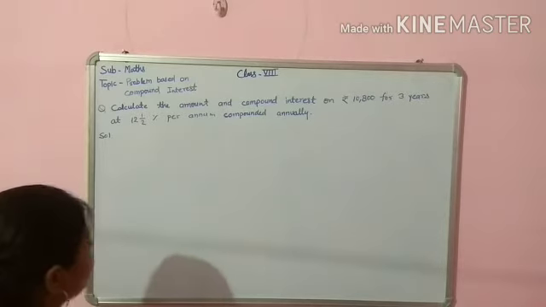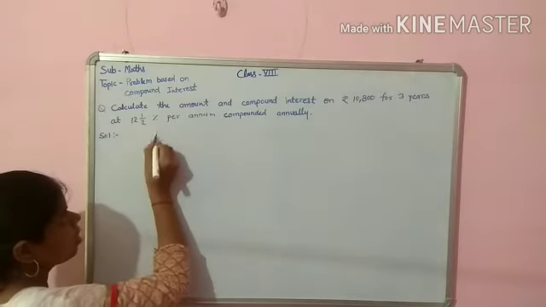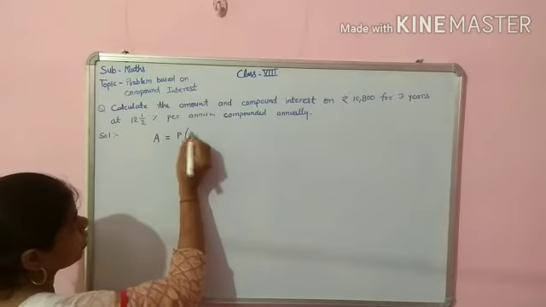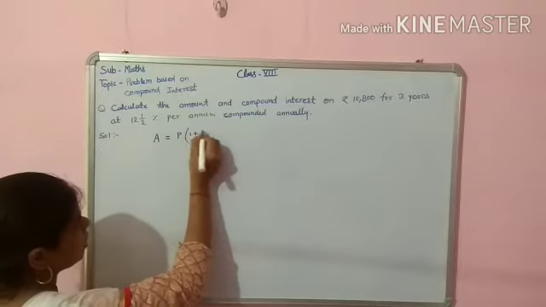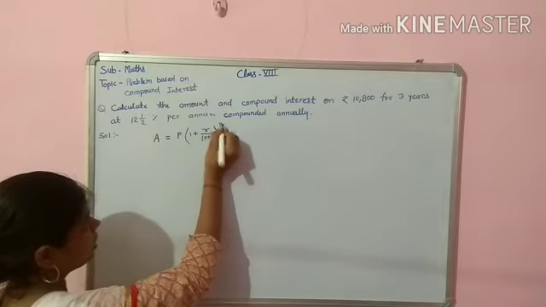Okay. We know that the formula for compound interest is A equals P (1 plus R by 100) power n.